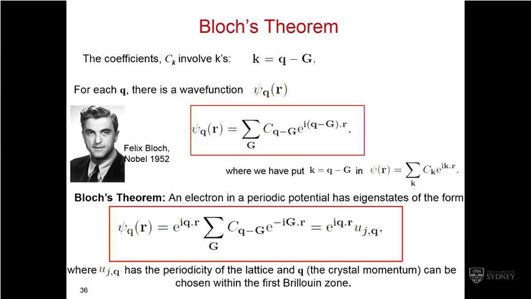That's it. I wanted to add another equation but ran out of time, telling you that u, this periodic function, is just equal to this quantity here. But I think you can see that from the equation.